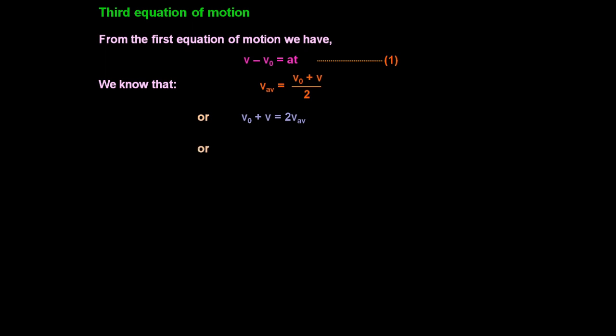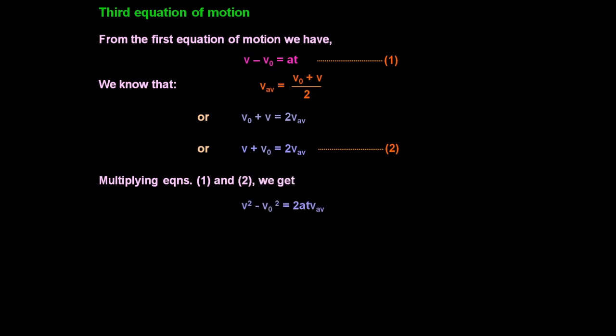On multiplying equation 1 and equation 2 together, it becomes V minus V naught into V plus V naught is equal to at into 2 V average, where V minus V naught and V plus V naught are similar to A minus B into A plus B, which is the formula of A square minus B square. So we can write it as V square minus V naught square is equal to at into 2 V average.